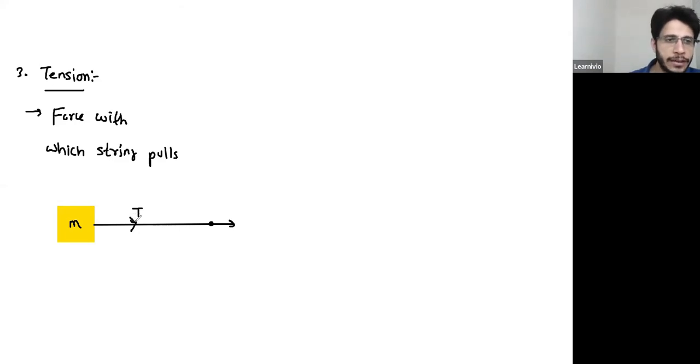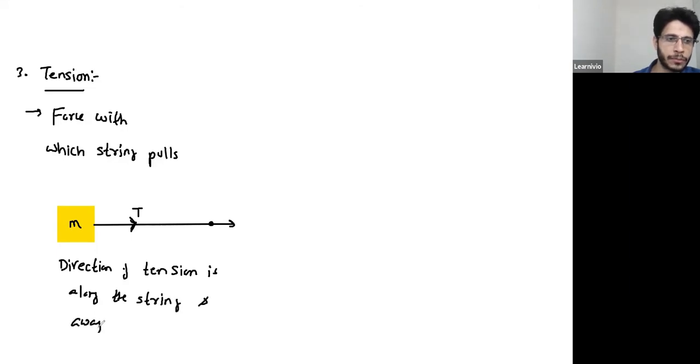And see, if you look at the direction, the tension is always away from the body. Direction of tension is along the string, away from the body. So this is the direction of tension.